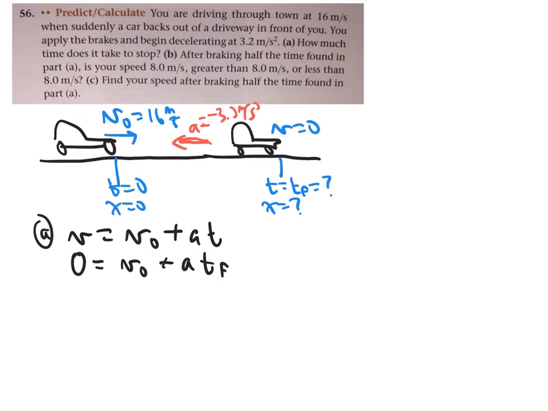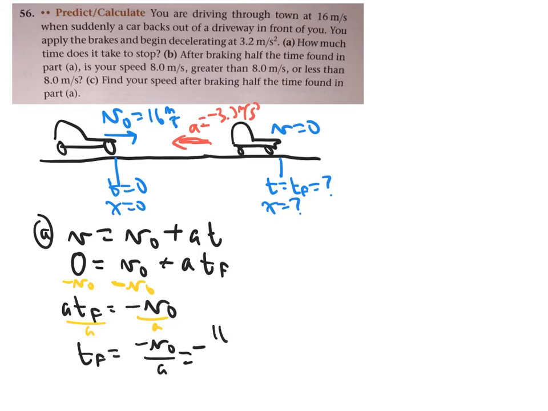So I can solve this equation for tf. I can do that by subtracting v0 from both sides, getting a tf equals minus v0, and then dividing by a on both sides, and I get tf is minus v0 over a, which is minus 16 meters per second divided by minus 3.2 meters per second squared.